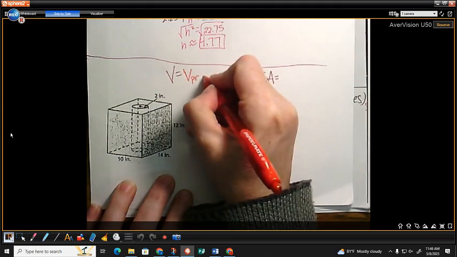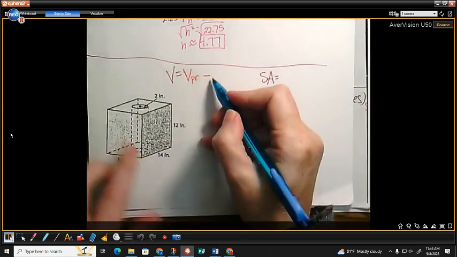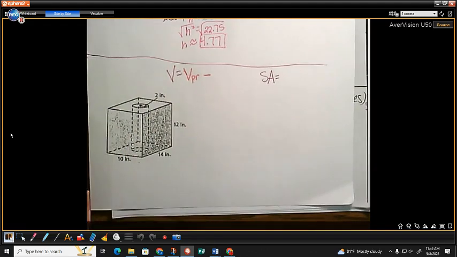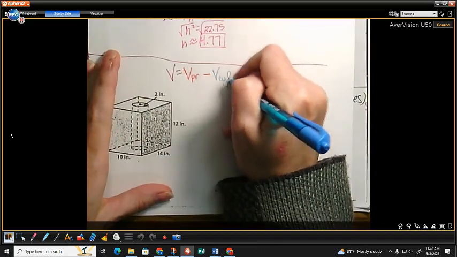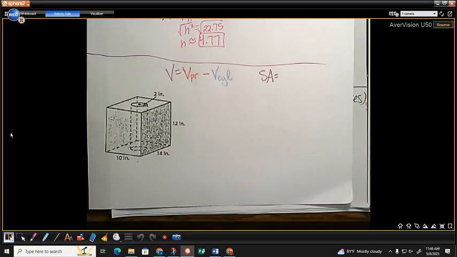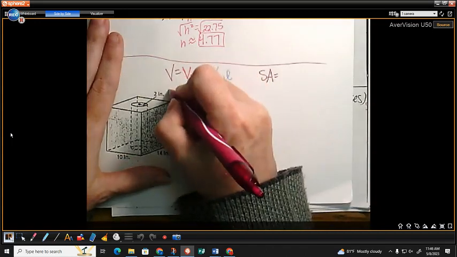So I have to take something away. What has been taken out of my prism? The volume of a cylinder. That's it. Volumes are almost always going to be easier. Okay? But don't worry, the math gods know that, so they make the surface area harder. Okay? So let's practice setting up.